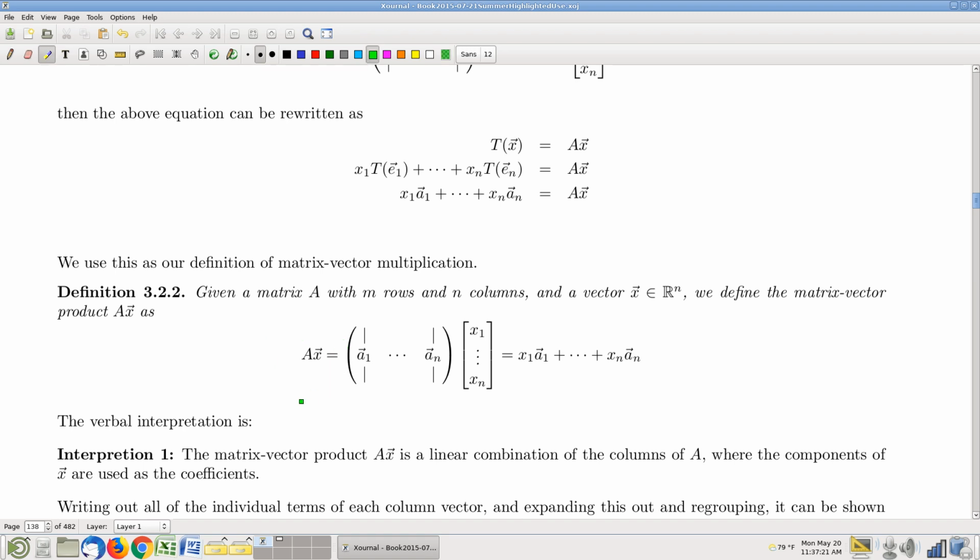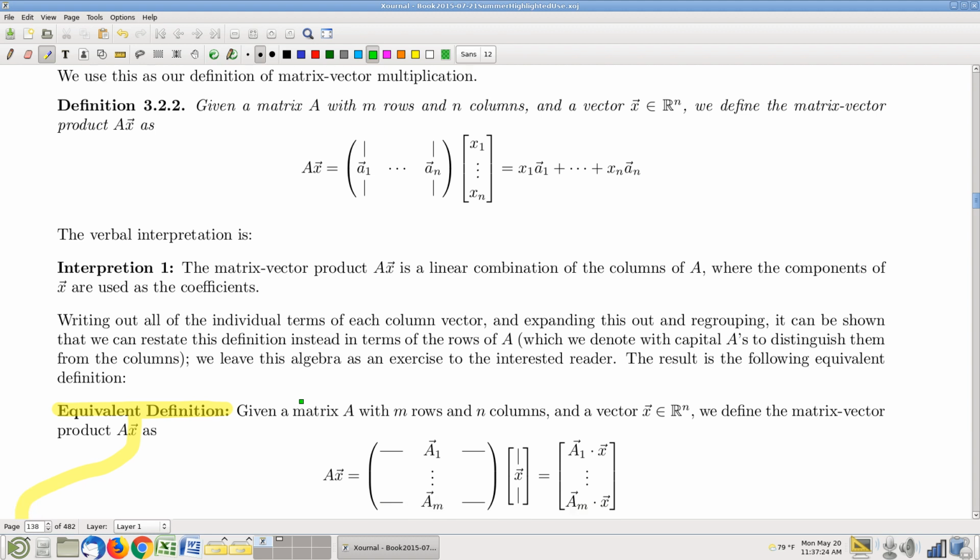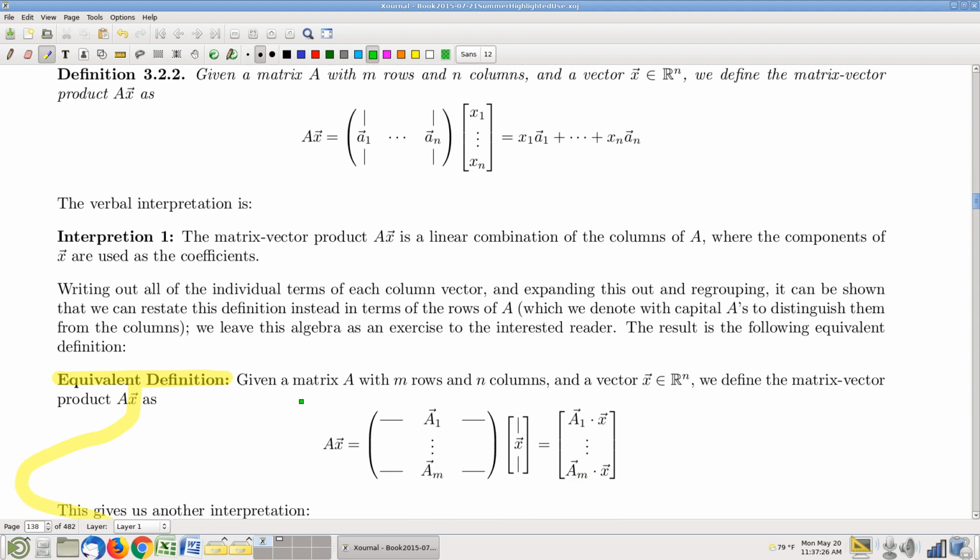Here's an equivalent definition, and it comes about by asking, what are the individual coordinates of this matrix vector product? If I want to understand that product one coordinate at a time, not from vector operations, but with individual coordinates, how would I compute those individual coordinates?